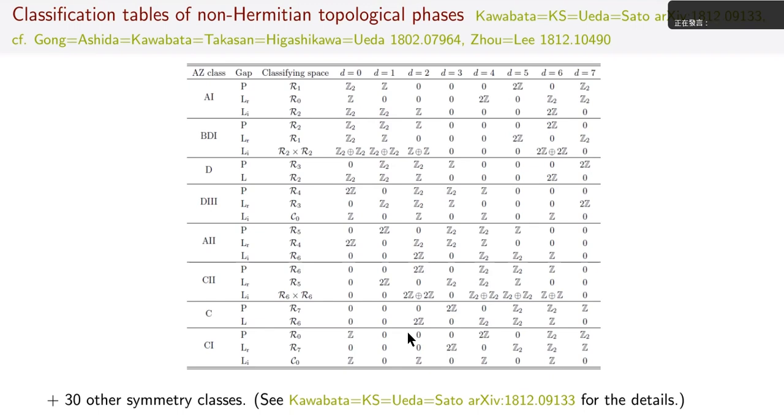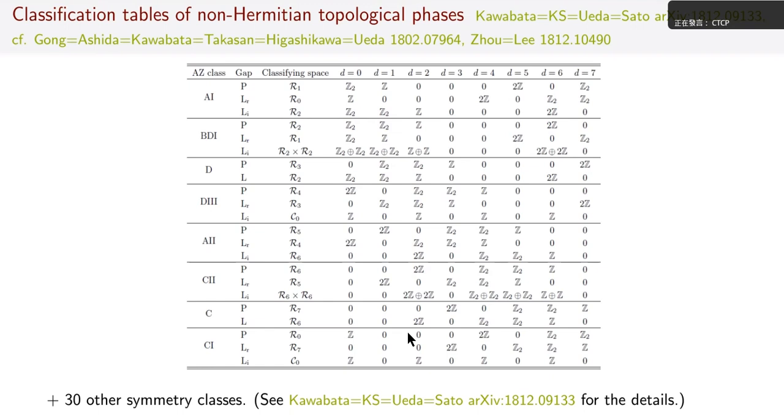No. If I just focus on zero dimension, I see the same classification as the... No, the dimension shifts by 1 plus 2, because of the additional chiral symmetry of the Hermitianized Hamiltonian. Yeah, this imaginary line. Where this is Z2, and then this one is Z2 plus Z2.